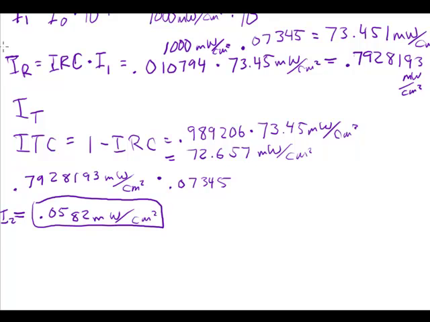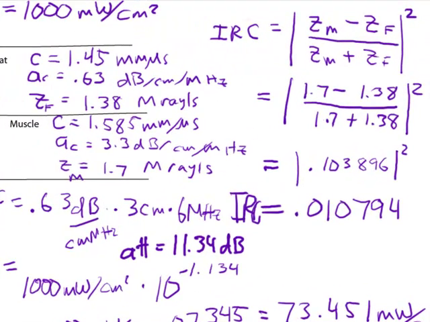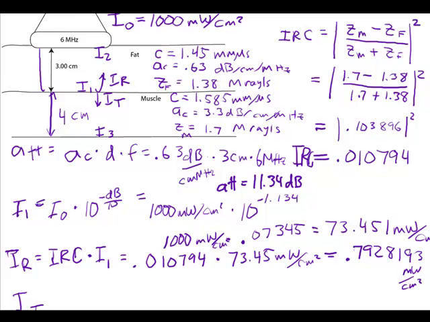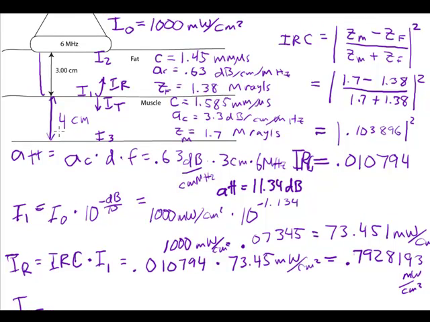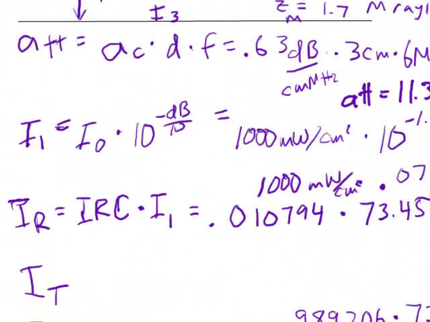Okay, and the last thing I wanted to do was to calculate I3, what would be the intensity after passing through that muscle tissue. Now this one has a much larger attenuation coefficient of 3.3 decibels, and it's a little further, so it's 4 centimeters. Okay, so let's take a look at that.